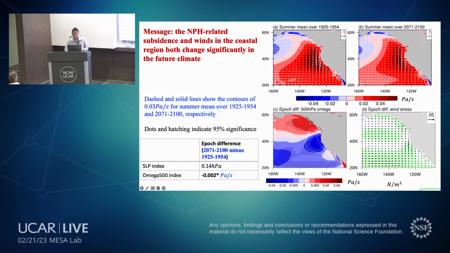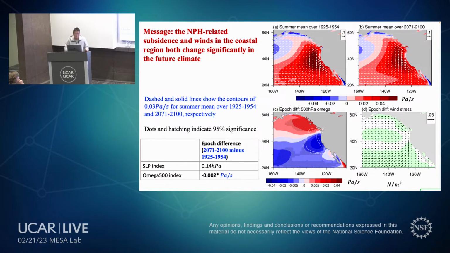The right panel minus the left panel gives the epoch difference in 500 hectopascal vertical velocity and the surface wind stress. We can see the subsidence in this area decreases, but we see anomalous subsidence in the north. Accordingly, on the right, we see poleward wind stress and equatorward wind stress in the north.